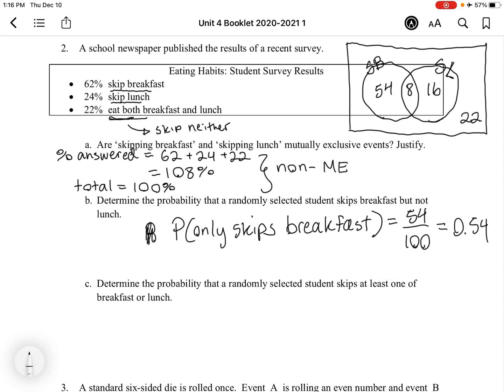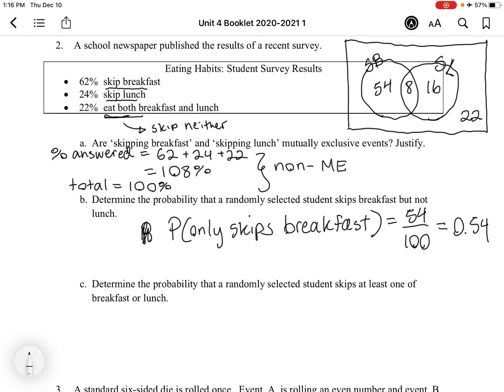C, determine the probability that a randomly selected student skips at least one of breakfast or lunch. So at least one of means they skip breakfast or lunch or both. So that's actually the union of skips breakfast and skips lunch.